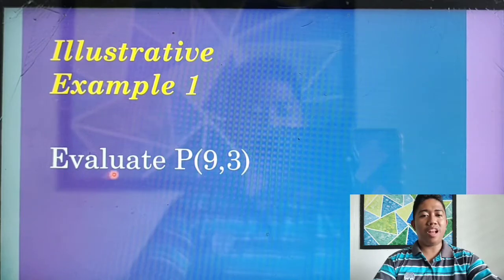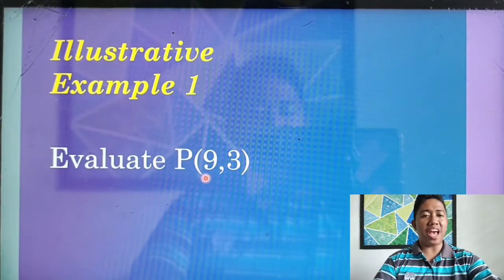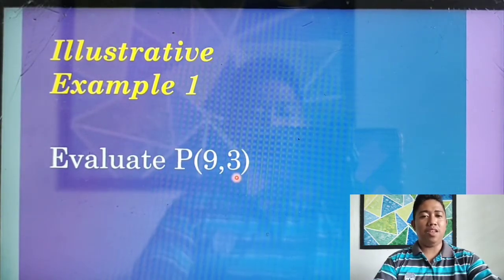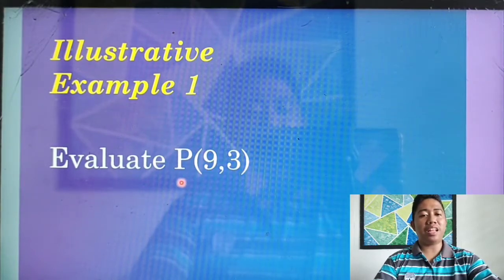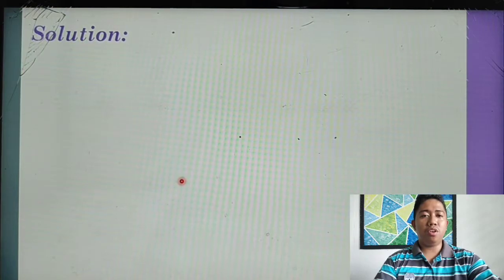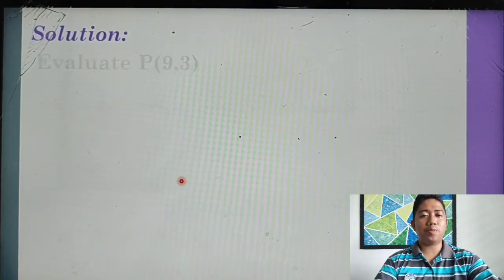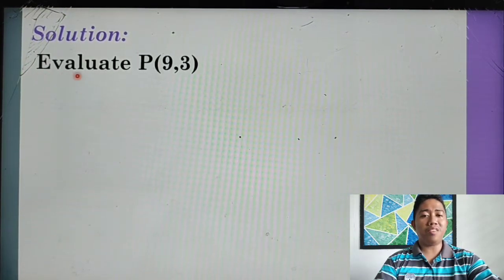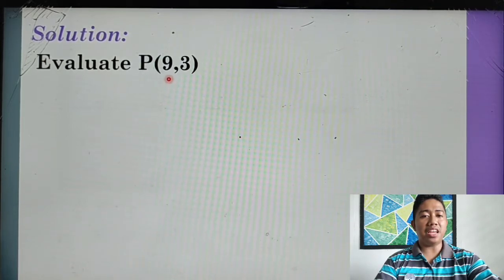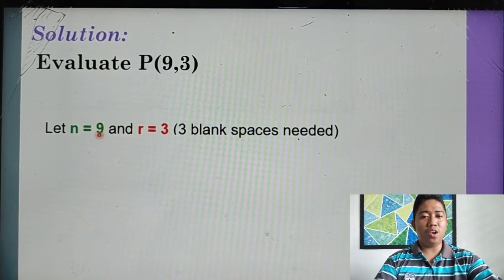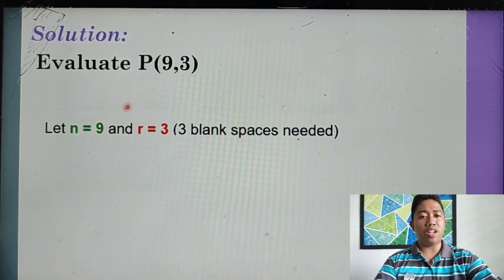How will you evaluate the permutation of 9 taken 3 at a time? To evaluate that kind of permutation expression, here is the solution. Let us follow the first 4 steps. We let n, the larger value, be equal to 9, and r equal to 3.